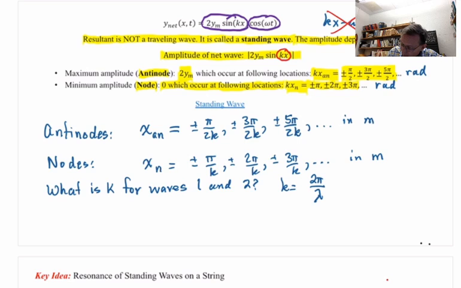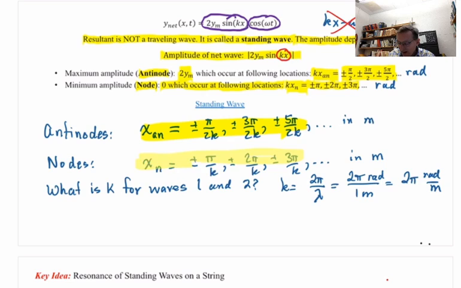Do you see what the wavelength was? It was 1 meter. So that's 2 pi radians over 1 meter, that's 2 pi radian per meter. Why am I worried so much about k? Because to find the locations of the antinodes and the nodes, I need to know k, the angular wave number. So now let's find the locations of these points.